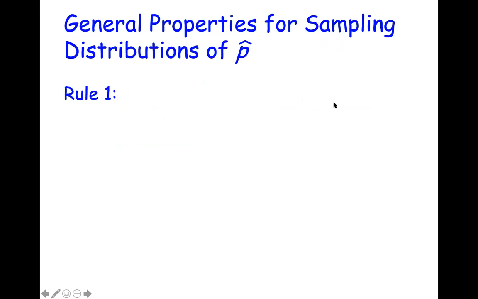Okay, so rule number one, there it is. The mean of the sampling distribution of proportions is equal to the true population proportion. Let me say that again and label this so it's a little easier to understand. This guy right here is the mean of the sampling distribution.